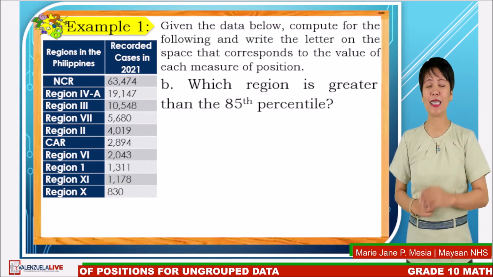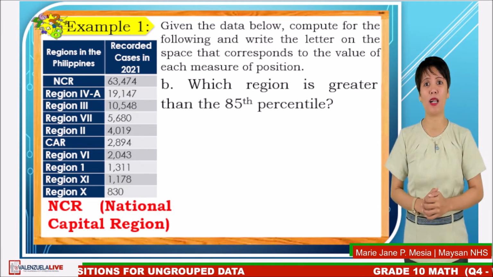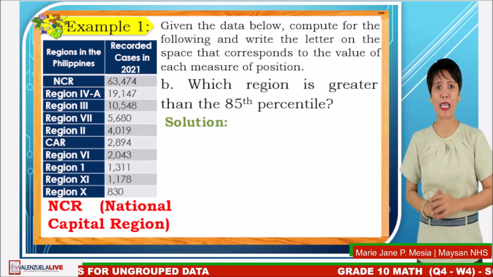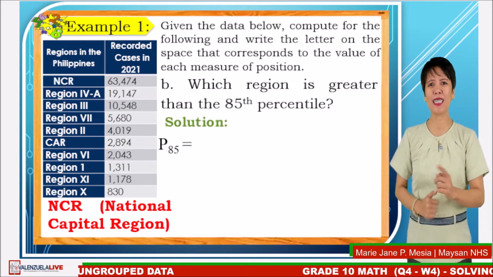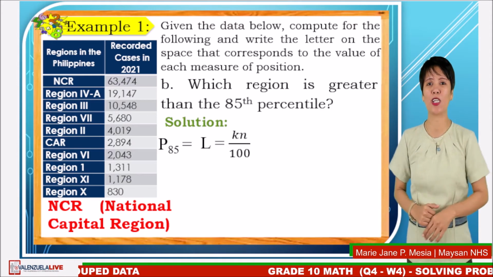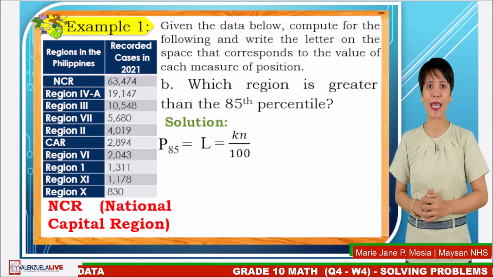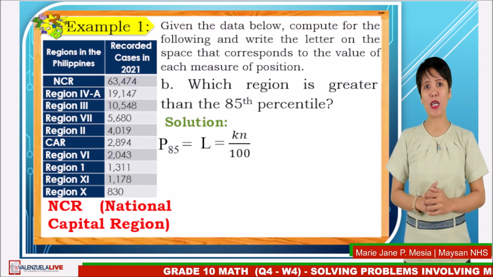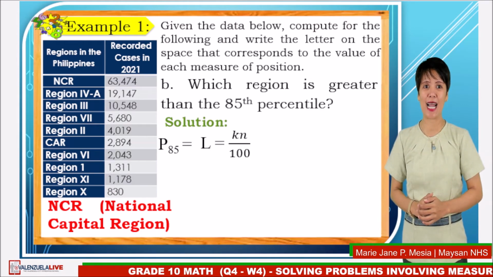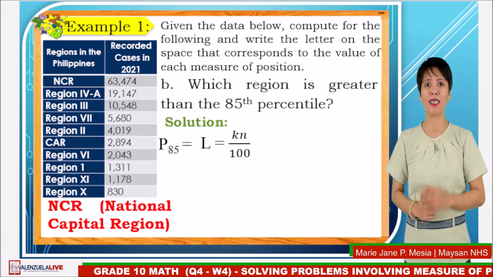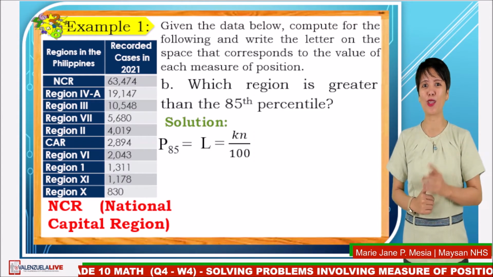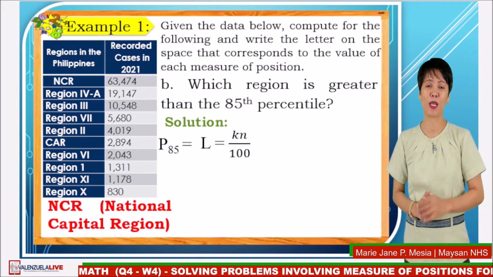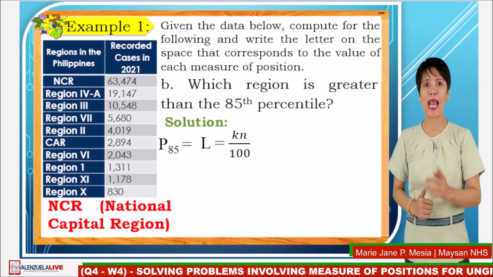Letter B. Which region is greater than the 85th percentile? The answer is NCR or National Capital Region. Solution: to find P sub 85, use the locator formula for percentile. L is equal to Kn divided by 100. The denominator to be used in the locator formula is 100, since percentiles divide the whole distribution into 100 equal parts, where K is equal to 85, N is equal to 10.